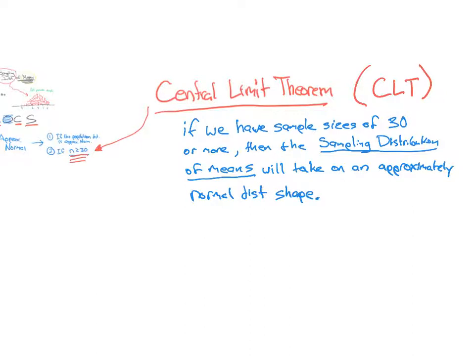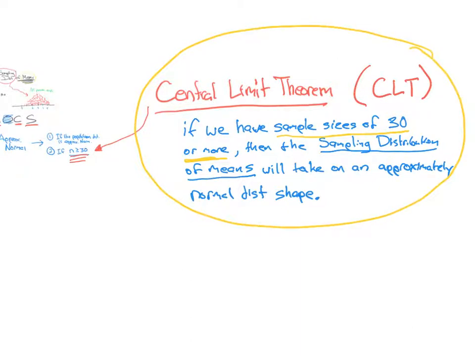That's what I meant to say. Yes. So this is a guarantee. The central limit theorem guarantees that if we have sample sizes of 30 or more, then the sampling distribution of means will take on an approximately normal shape. That is called the central limit theorem.